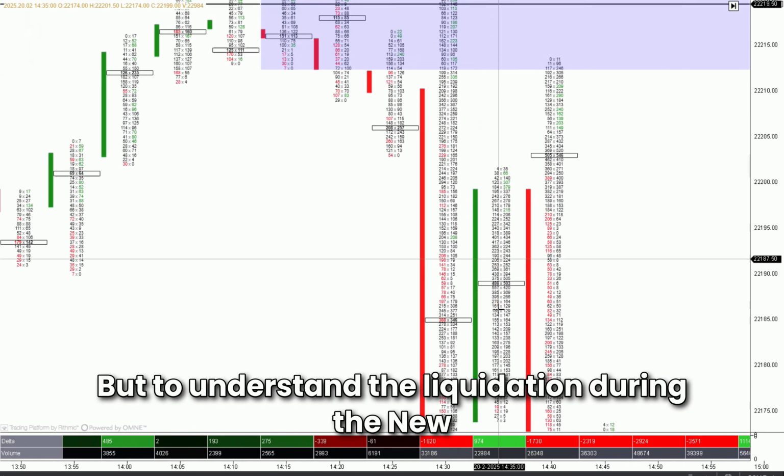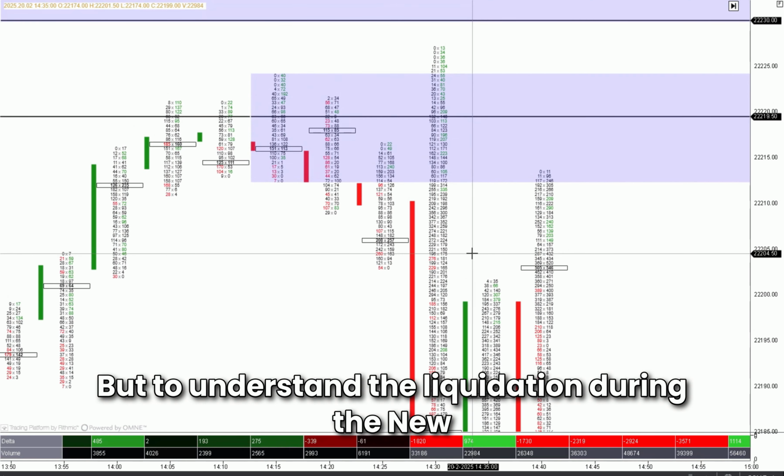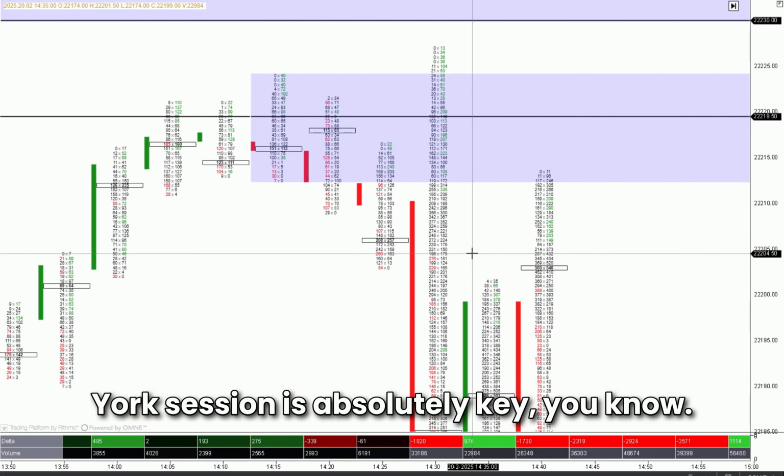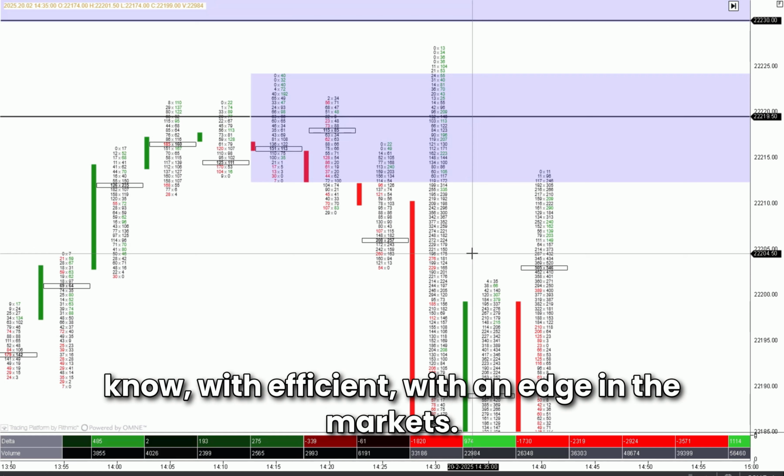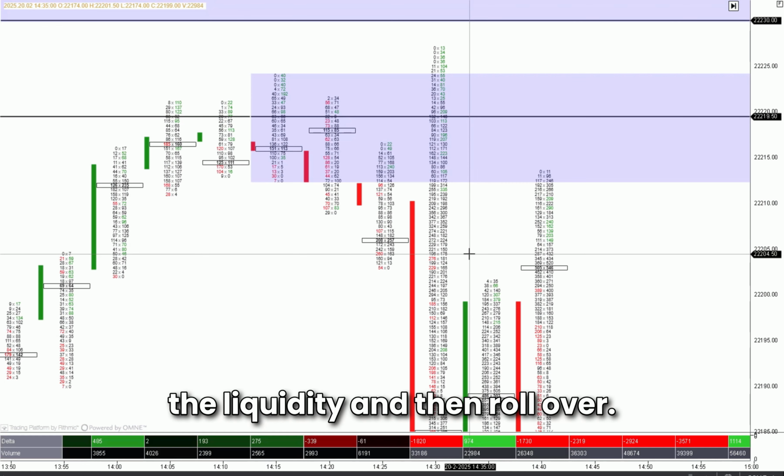But to understand the liquidation during the New York session is absolutely key. So don't trade blind, trade with clarity, with a vision, with an edge in the markets. Understand how the price grabs all the liquidity and then rolls over.